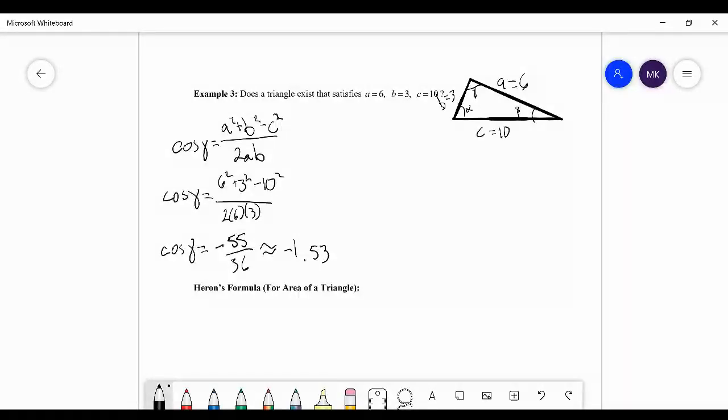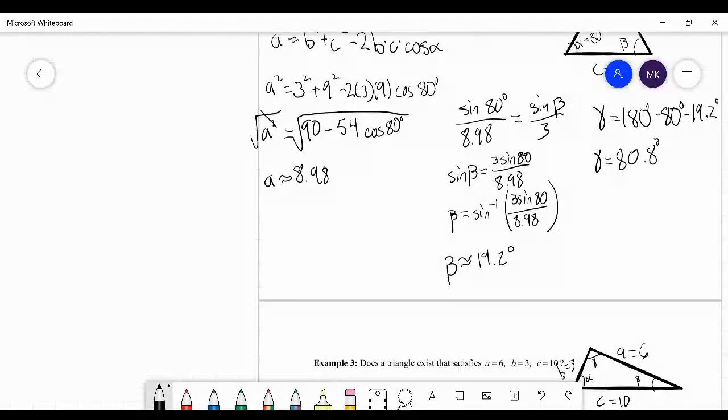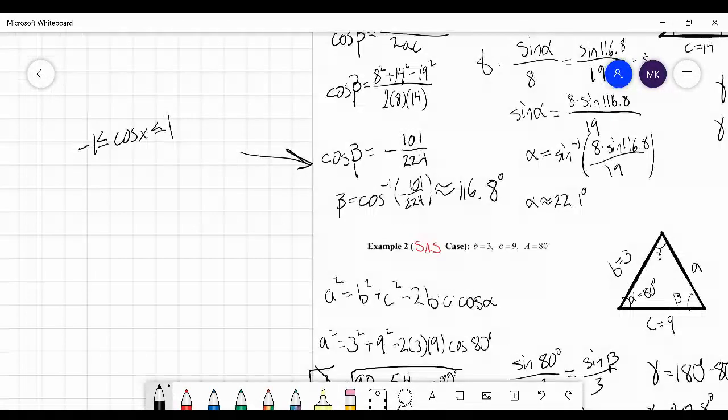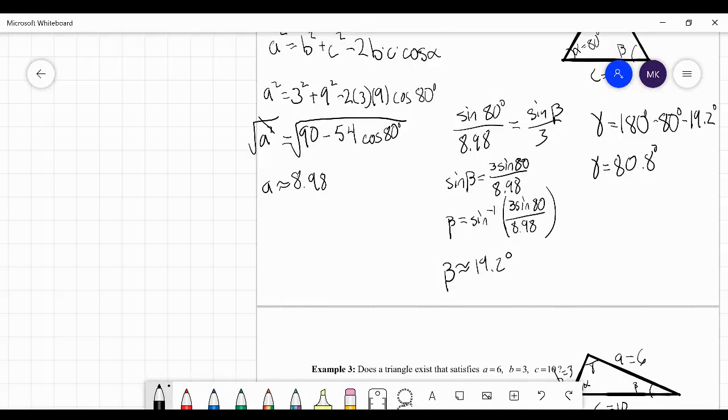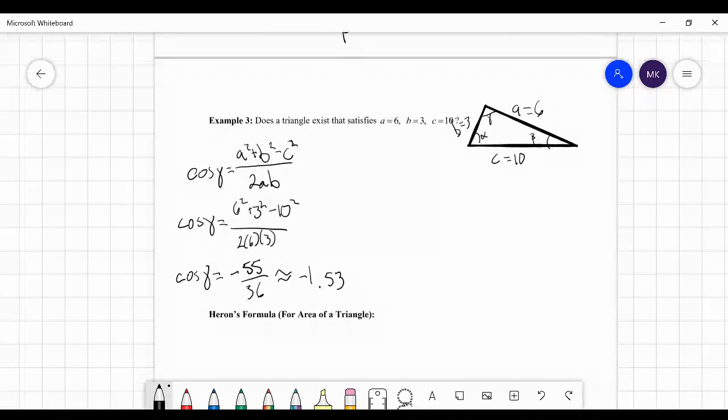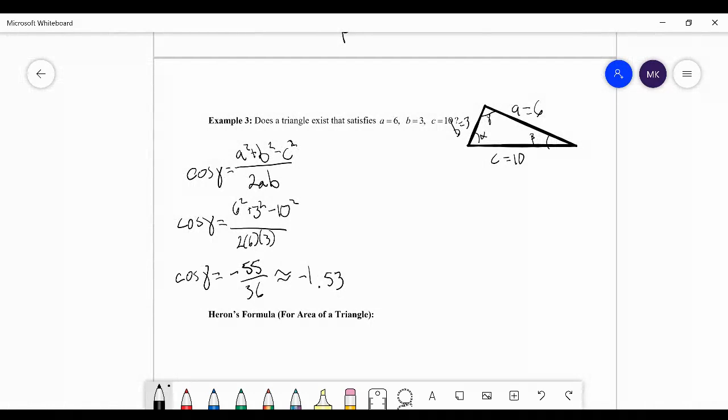So, does this triangle exist? Right? If we need to go through and take the inverse cosine of both sides, you can. Your calculator is going to give you an error. But if we just think back to up here, cosine has to be between negative 1 and 1. For this problem here, it's saying that cosine of gamma is equal to negative 1.53. That is not between negative 1 and 1.